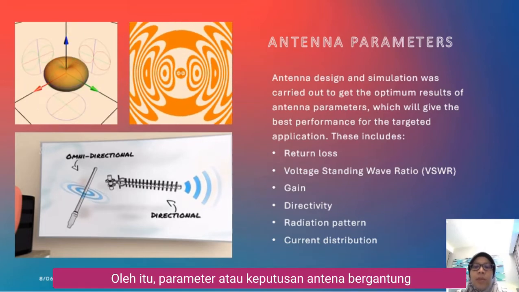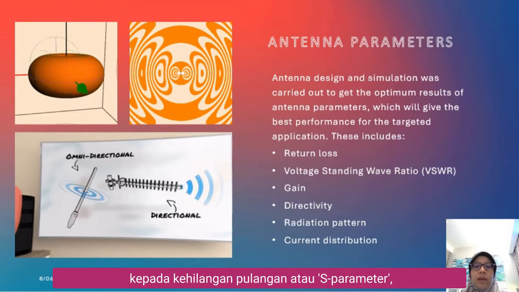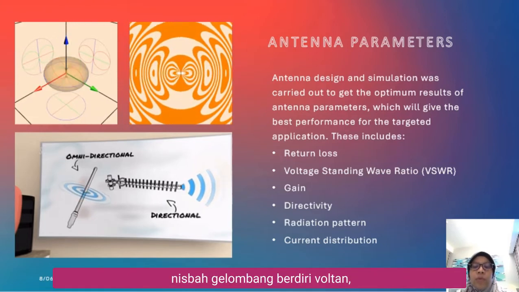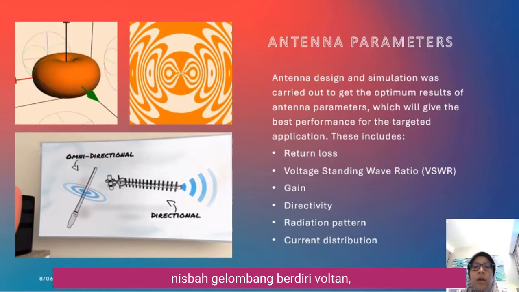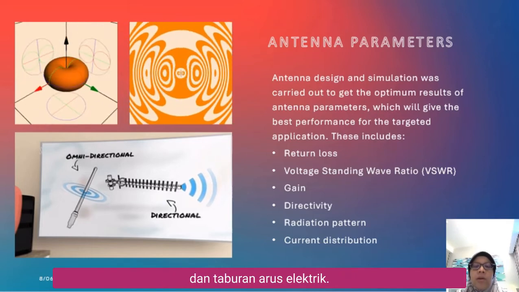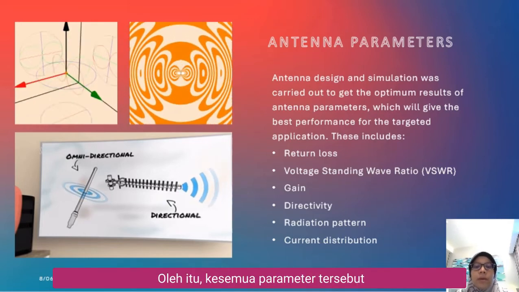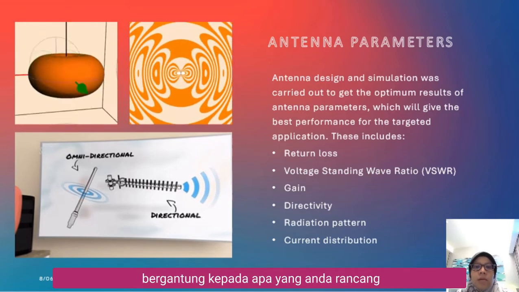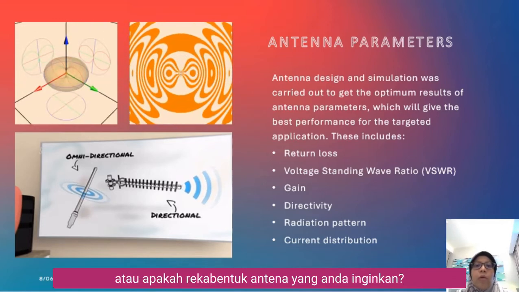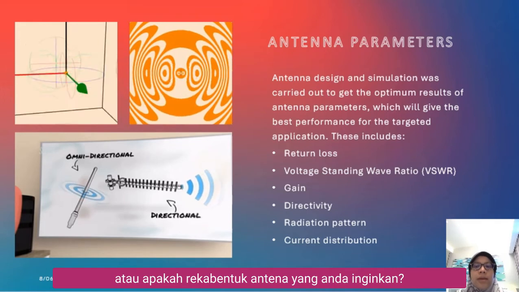Antenna parameters or antenna results include return loss or S parameters, voltage standing wave ratio VSWR, gain, directivity, radiation pattern, and also current distribution. All these results depend on the desired antenna that you are planning to design.